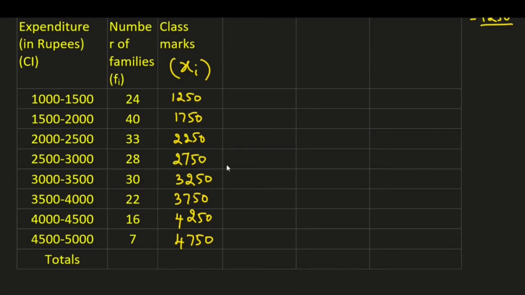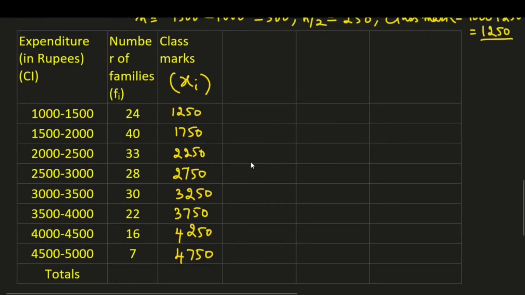Now let us implement the assumed mean method or step deviation method. First let us find deviations. di is equal to xi minus a. Here let us choose an assumed mean value. We generally take the middle value; 3250 or 2750 are the middle values. Let us choose 3250 as the assumed mean. So a is equal to 3250.